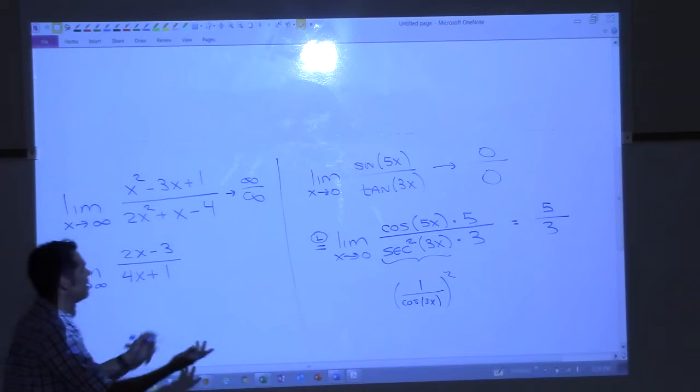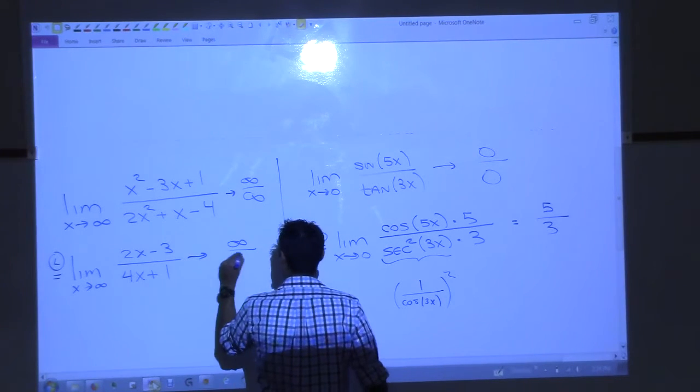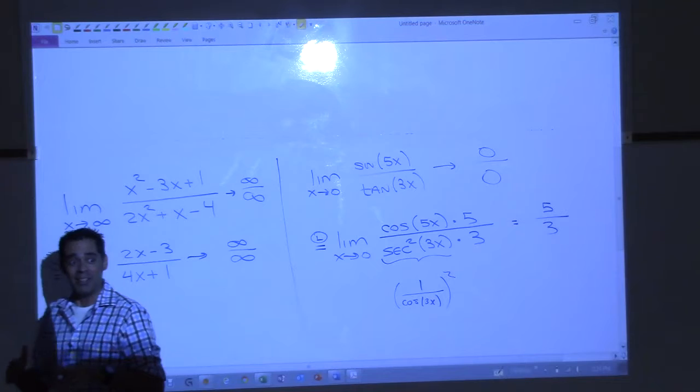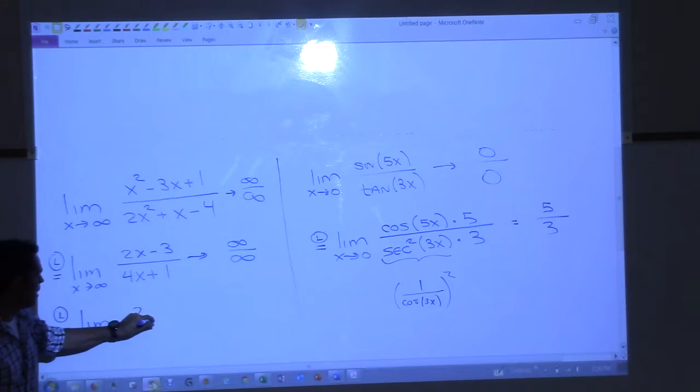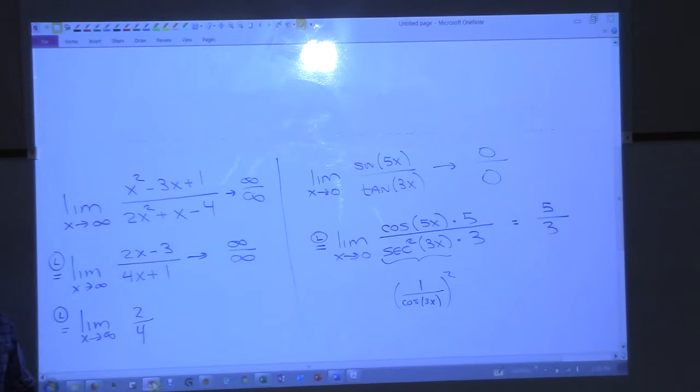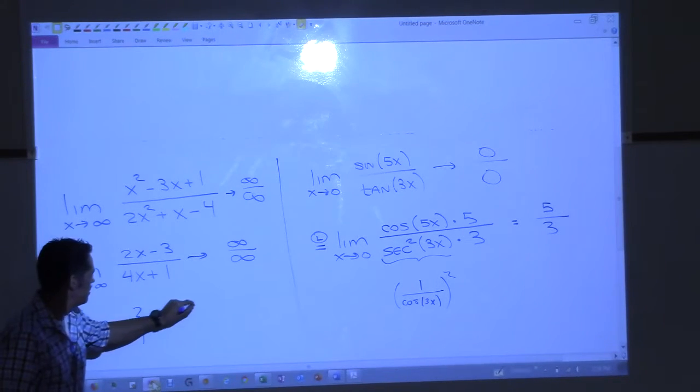Yeah, so we get infinity over infinity again, right? No worries. L'Hopital's rule works anytime you see infinity over infinity or 0 over 0. And if you see it again, then you do it again. So now L'Hopital again. Second time L'Hopital comes through. Derivative of the top, 2, derivative of the bottom, 4, 2 divided by 4, 1/2. Done.